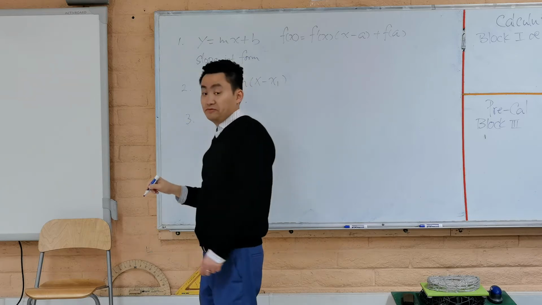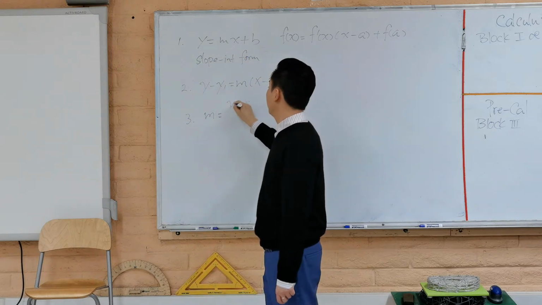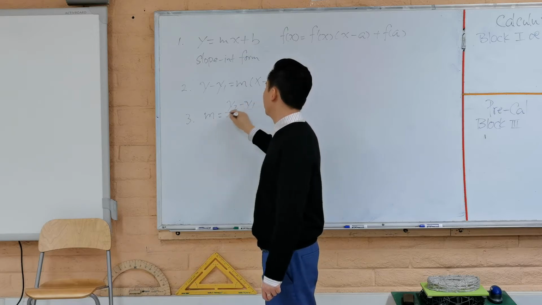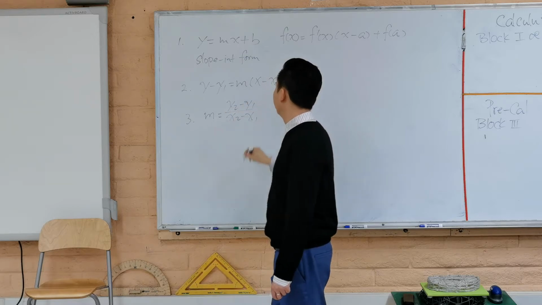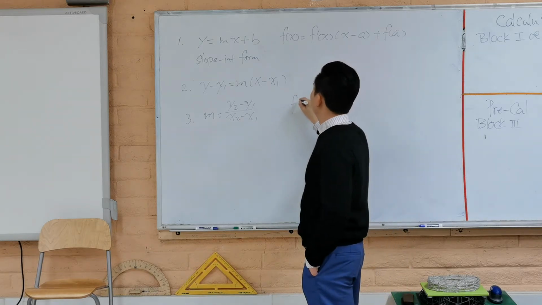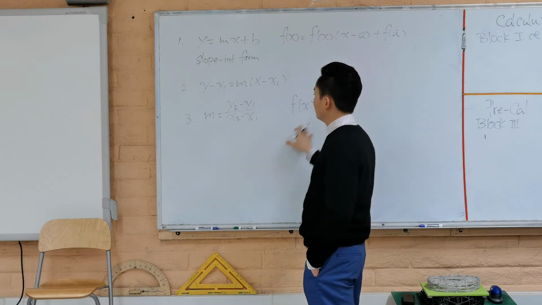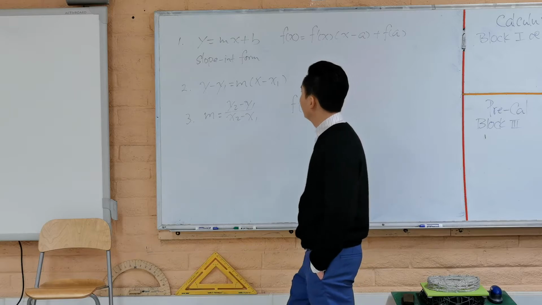Well, obviously the slope formula, y2 minus y1 over x2 minus x1, in calculus would be considered the derivative, f prime of x. So we'll find out the meaning of those two in calculus.